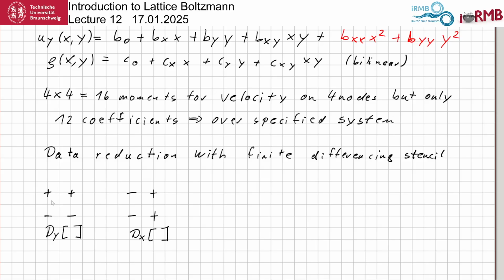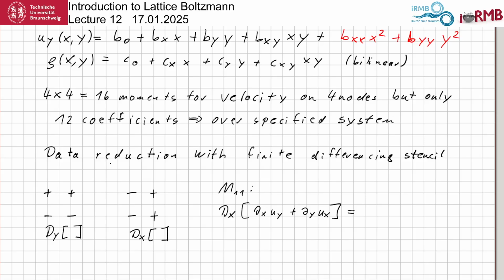For M11, as you have seen above, this is the derivative dx uy plus dy ux, taking the prefactors out. Now we take another derivative of this and plug into it the coefficients of the interpolation.